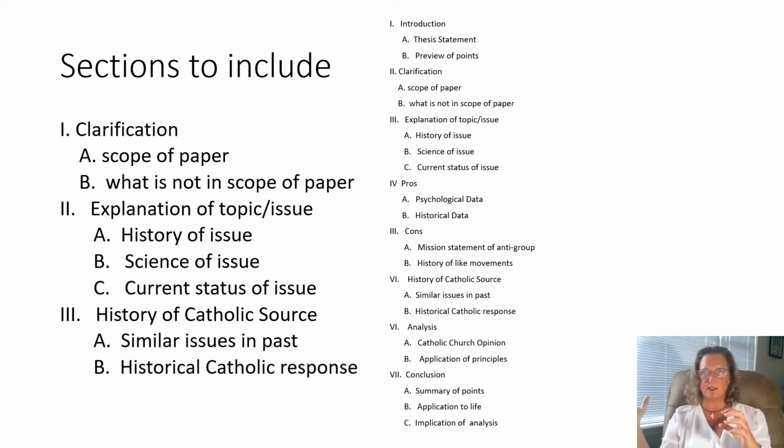Say you note that there are a lot of psychological areas that you could delve into, and that's not going to be within the scope of this paper. You're going to stick to the legal history and the Catholic social teaching and the various active movements and whatever. So you state right away what is and what isn't in the scope of your paper.